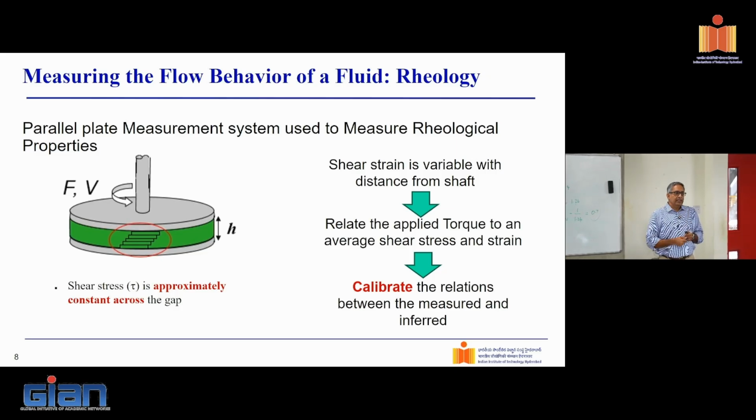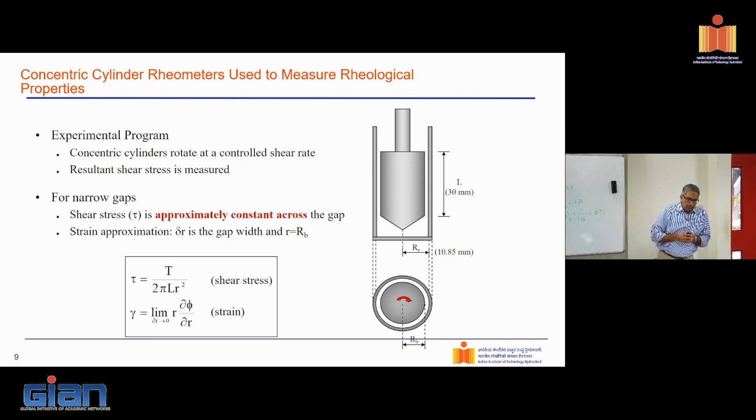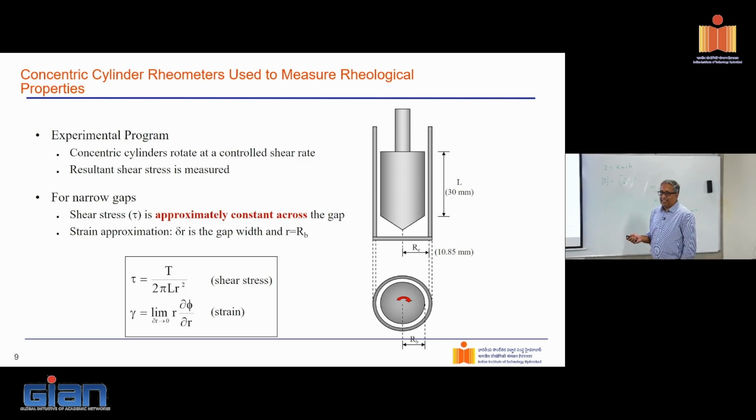You have to know the kind of flow fields that you're setting up in the liquid when you try to shear it. Now, if this is such a problematic thing, this is perhaps a better geometry to measure. So what are we doing here? We have a cup, and then we have this concentric cylinder arrangement. What changes here?